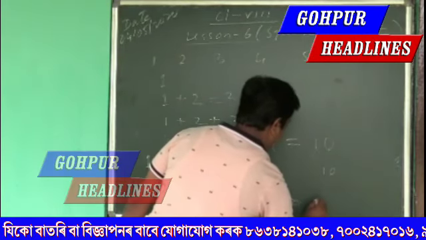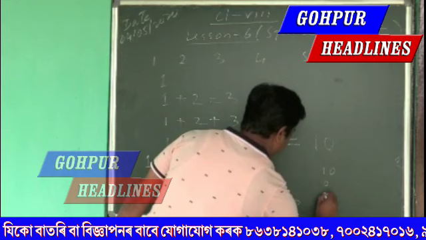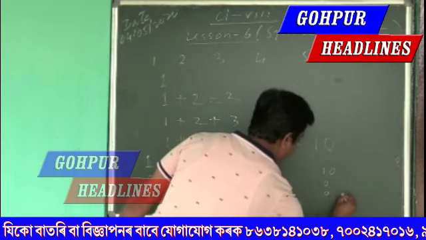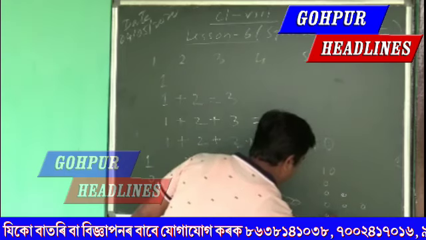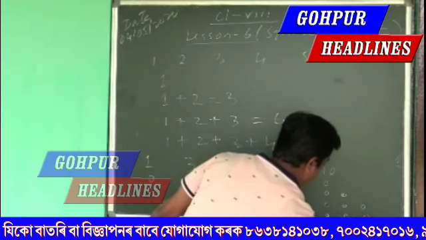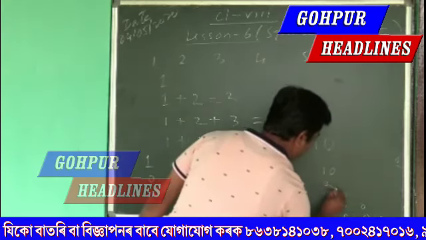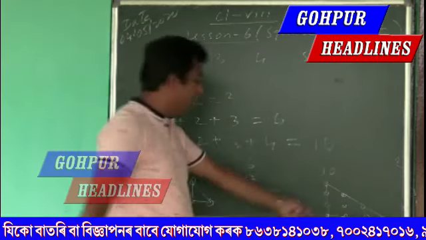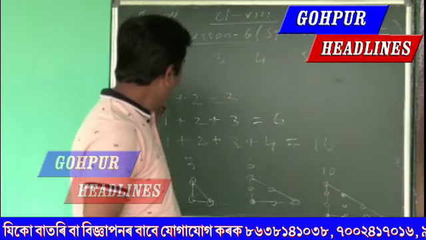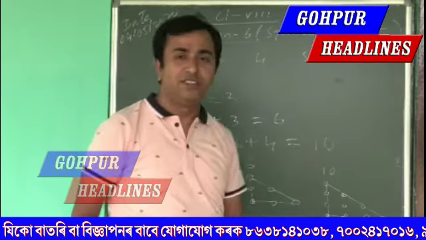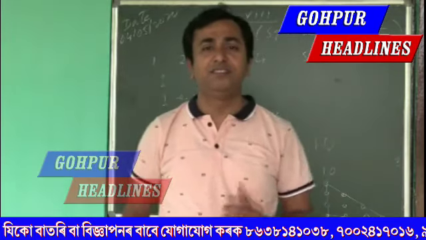So in this way, again 10: 1, 2, 3, 4. Here it is. Again we got a triangle. So that's why these 1, 3, 6, 10 are known as triangular numbers.